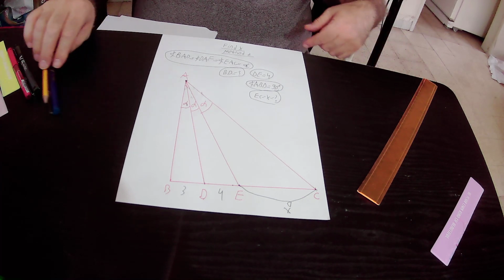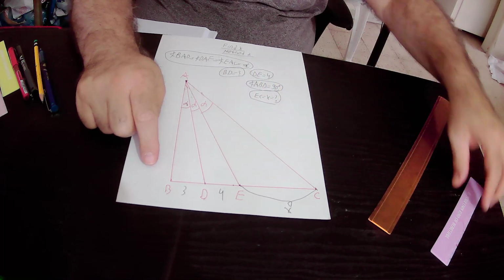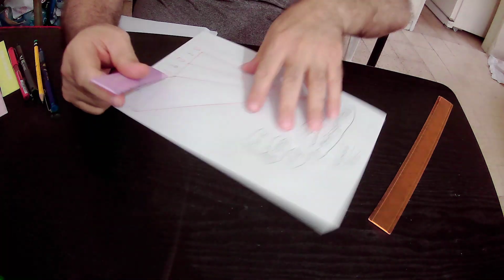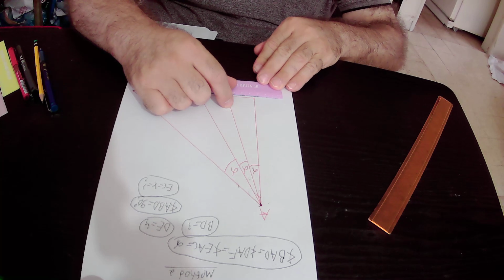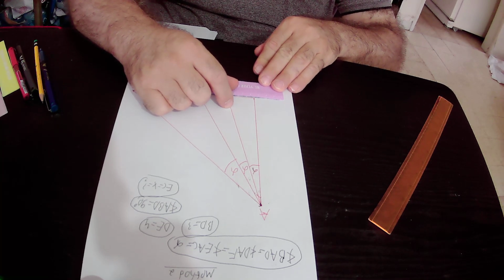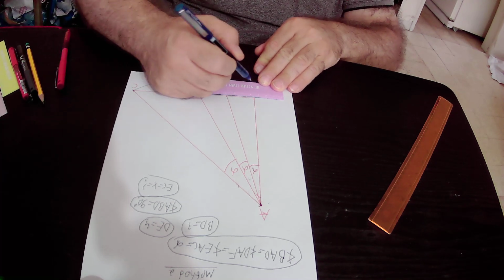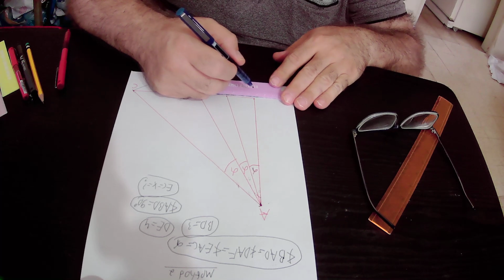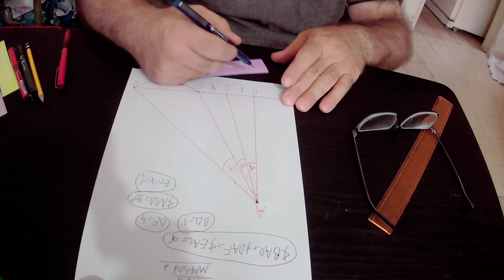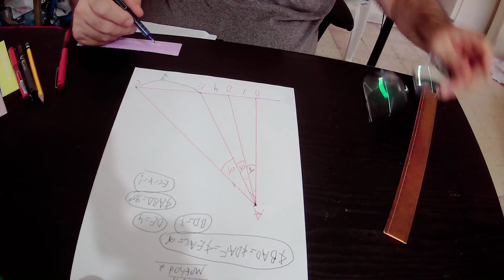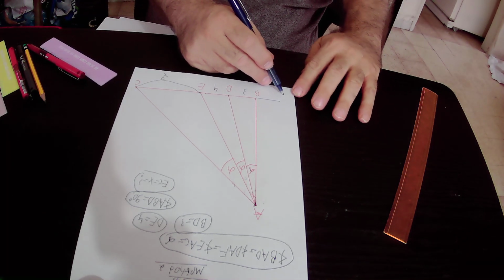We will extend side BD by 3 units. Okay. And we will define this point as point M.